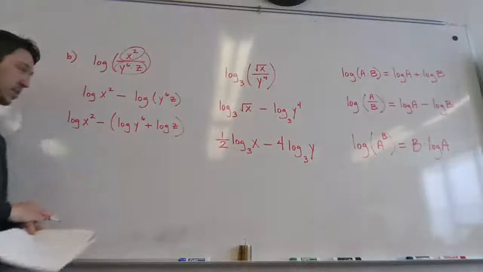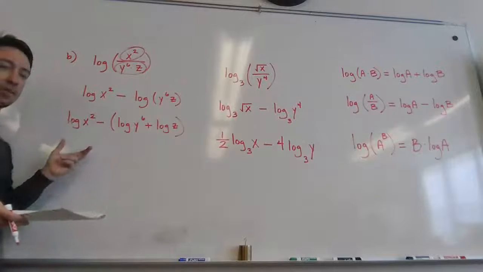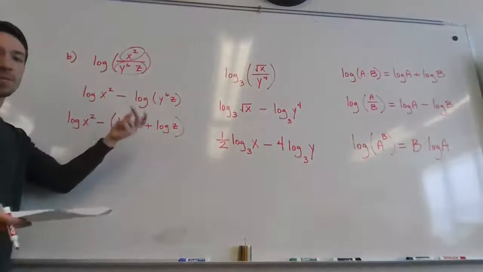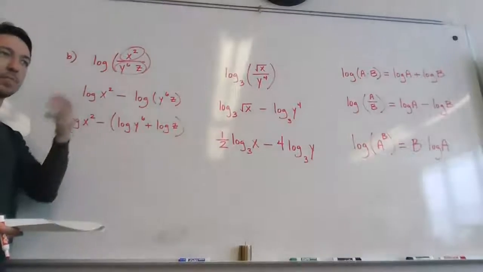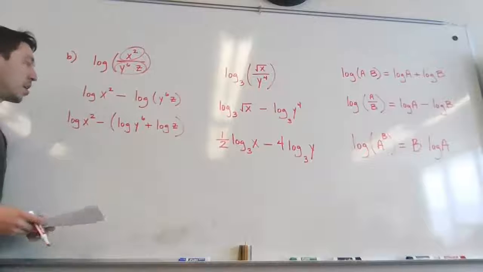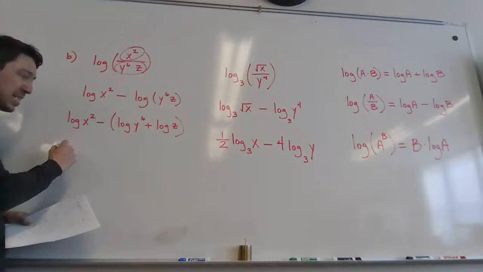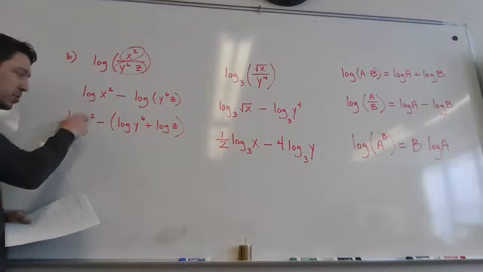Okay, the final answer. Now, I hope you'd agree with me that having an answer without, if it's a sum of 1, 2, 3 items, it's probably better to have no parentheses if it's just a thing plus a thing plus a thing. So what's this guy going to turn into? Not 1/2, because the 2 is going to move outside.